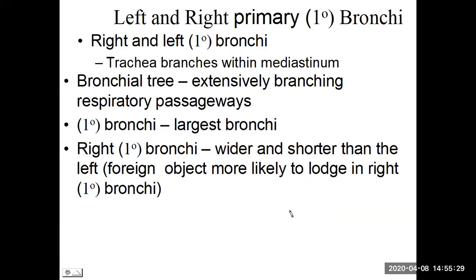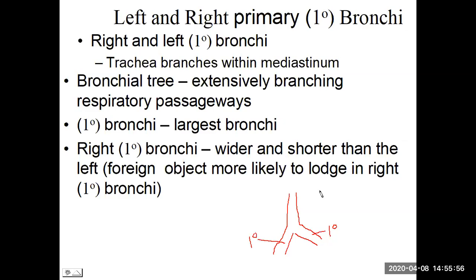So now we want to move from the trachea, and as it starts to branch, we now have what's called the right and left primary bronchi. So the two branches down here are the primary bronchi, the first branches off of the trachea.